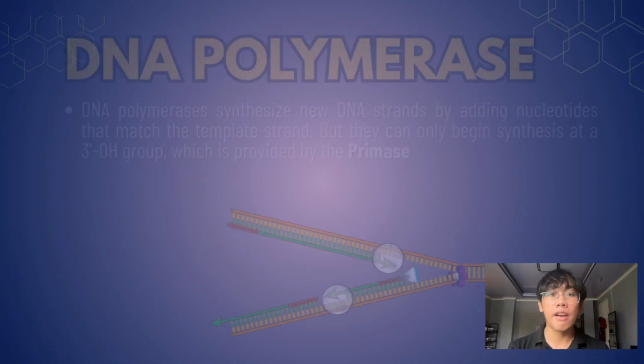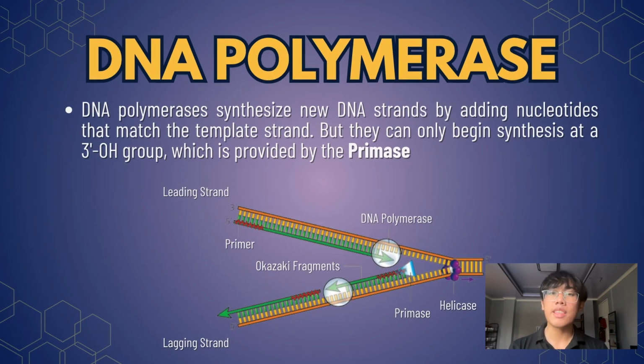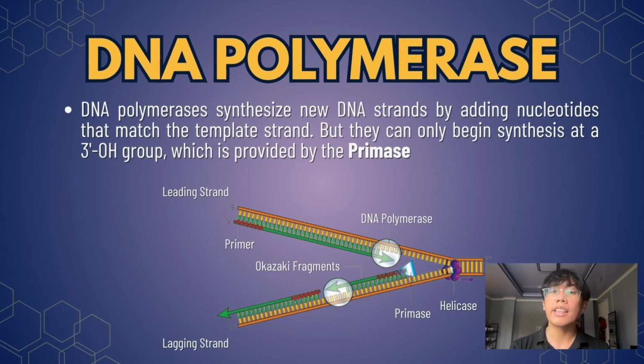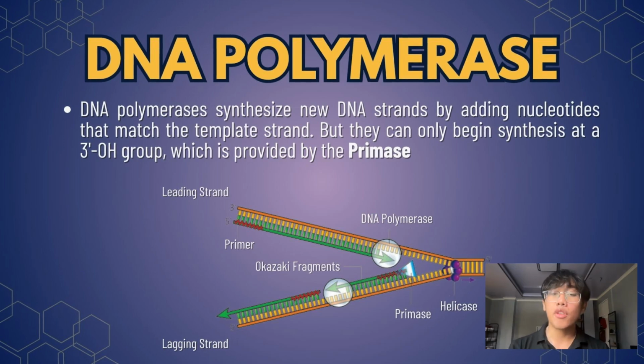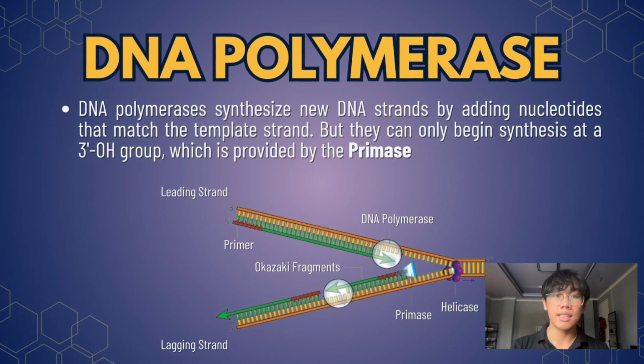Next up, we have our builder, the DNA polymerase. DNA polymerase synthesizes new DNA strands by adding nucleotides that match the template strand. But it can only begin synthesis at a 3' OH group, which is provided by the primase. Now, the primase is a protein that synthesizes short RNA primers needed to initiate DNA synthesis.